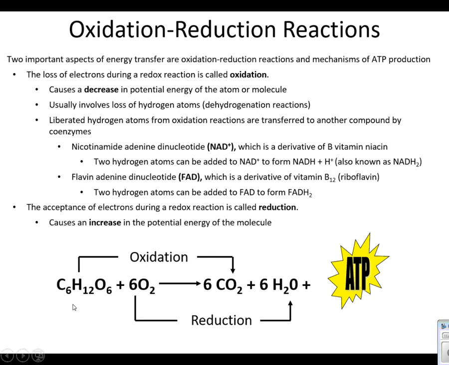So what we do in this chemical reaction at the bottom, which happens to be cellular respiration, is we oxidize this. What is this? Anybody recognize it? C6H12O6 is the chemical formula for glucose, what we're going to talk a lot about.